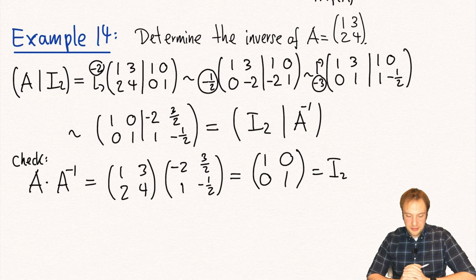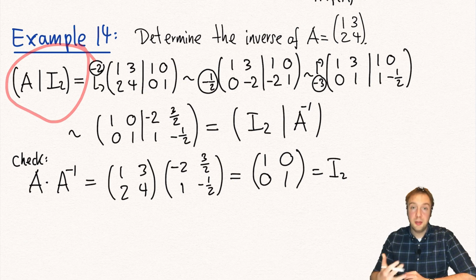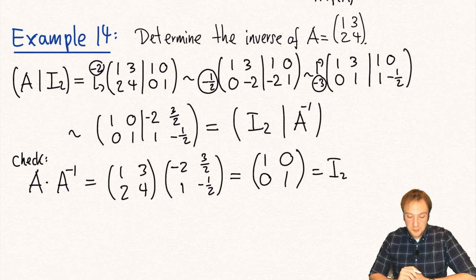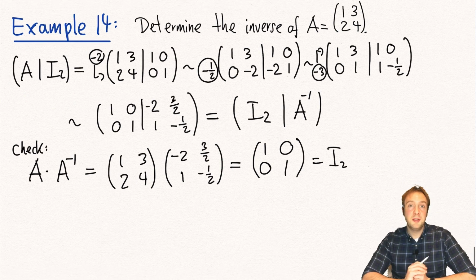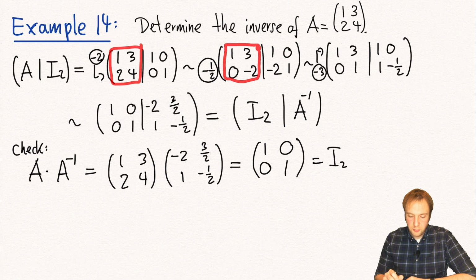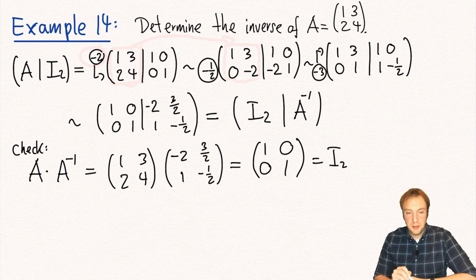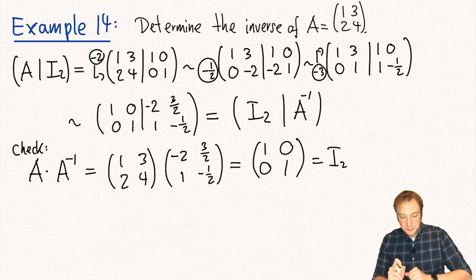Okay, and now finally some remarks. So this is the way you can calculate the inverse of a matrix. But there's also another interpretation of these row operations. So going from this matrix here to this matrix, what we do is we subtract the first row twice from the second row, and this operation can also be described by multiplying with a matrix.